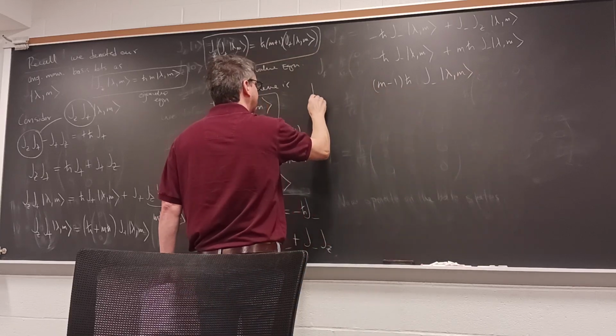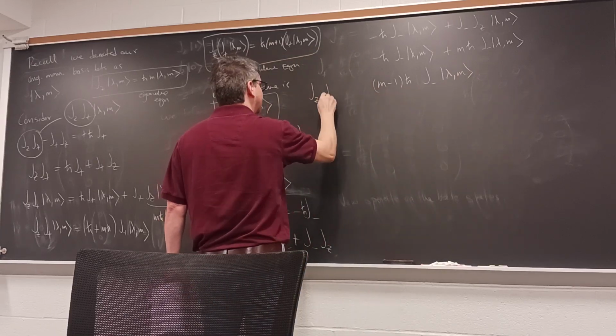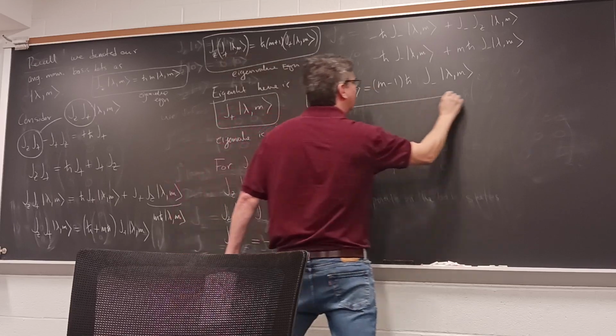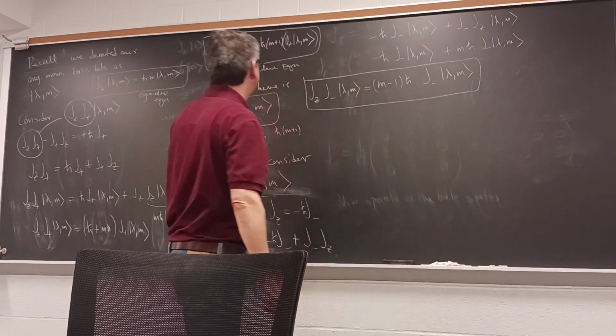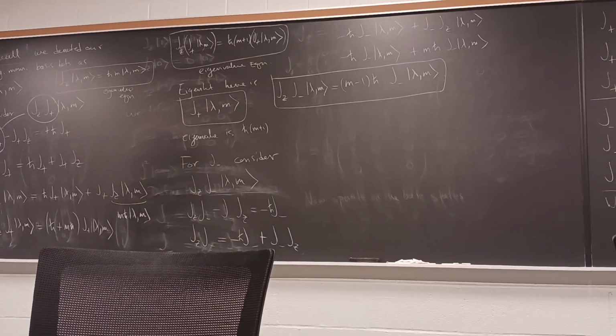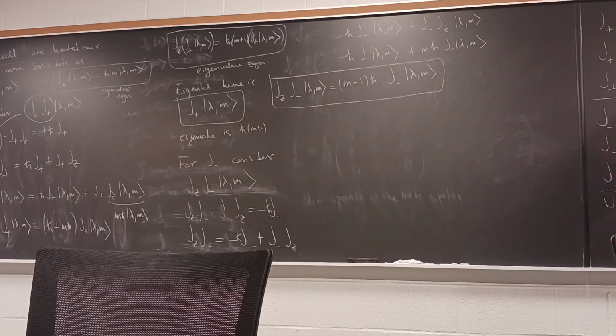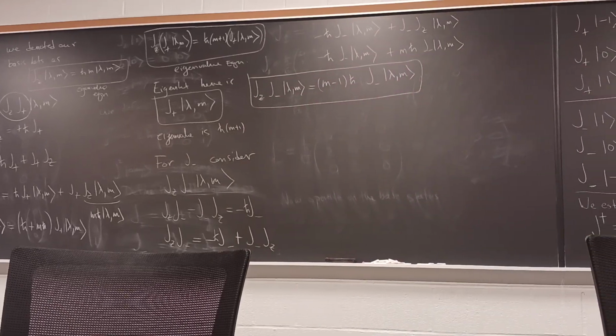And this is jz and then j minus lambda m. Okay, so it's the same kind of equation, just lowers it by 1.